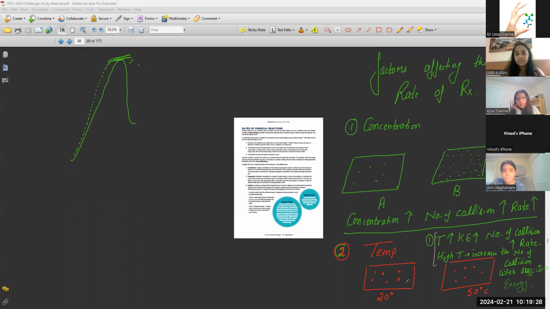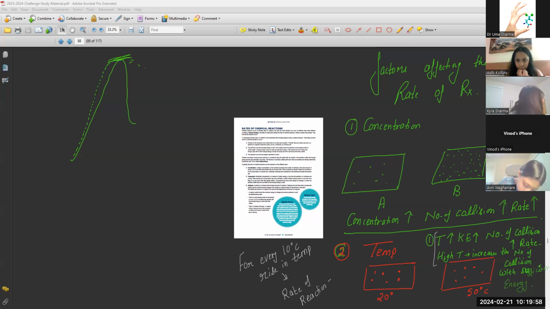Now, as a chemist, I'm giving you very big information. For every 10 degrees Celsius rise in temperature, rate of reaction doubles.